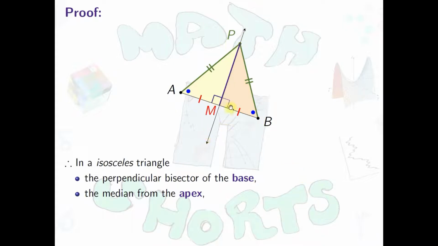The perpendicular and the median, as well as the altitude, P to M, is perpendicular, so it's the altitude going to the apex.